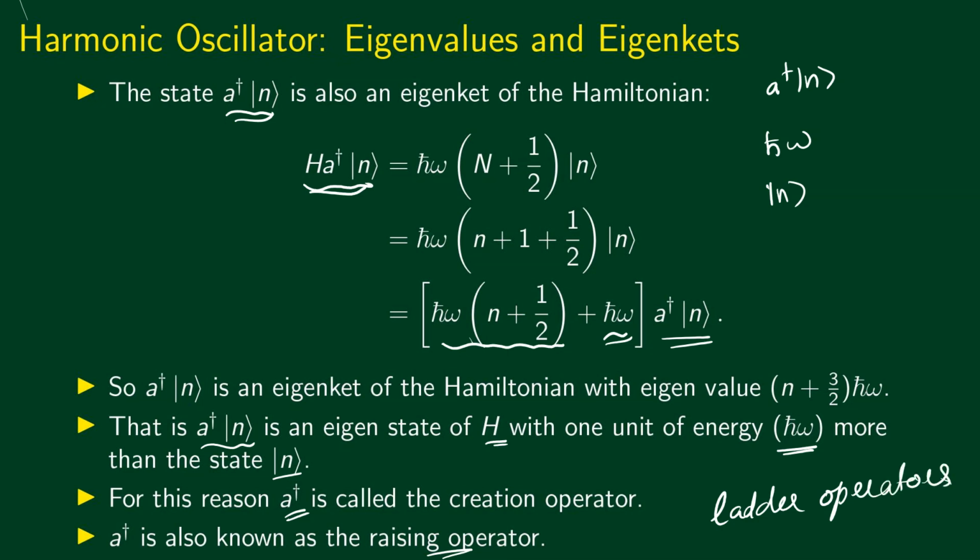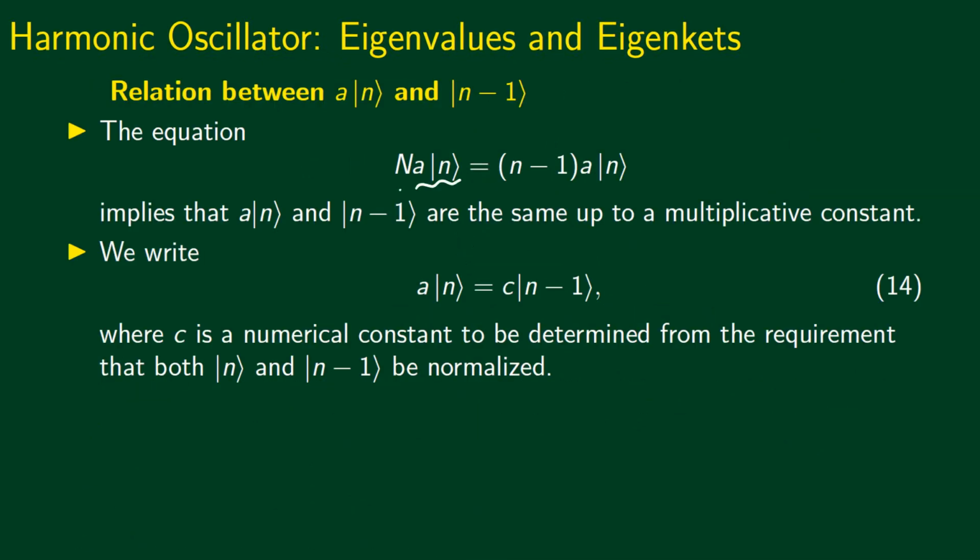Okay. We had n acting on A ket n is equal to n minus 1 multiplying A ket n. This means that A ket n is an eigenket of operator n with eigenvalue n minus 1. But earlier we said that we shall label the eigenkets of operator n, or the number operator, by the corresponding eigenvalues. That's why we wrote n acting on ket n is equal to eigenvalue n multiplying ket n.